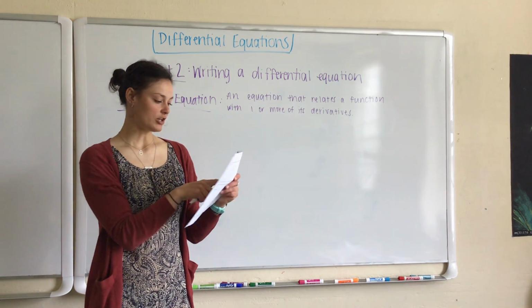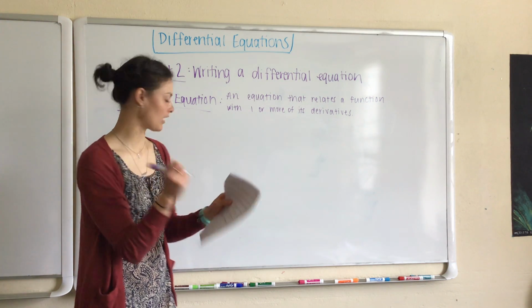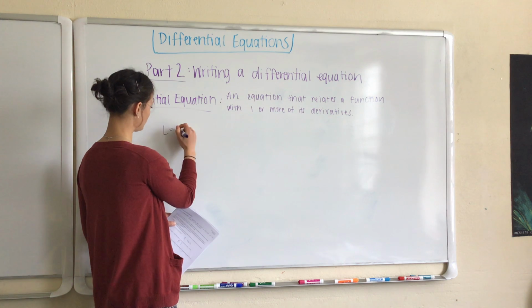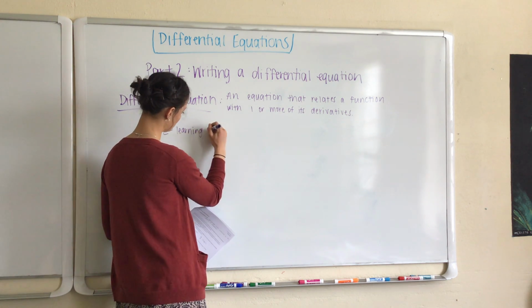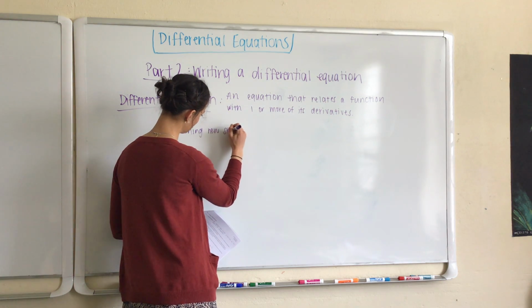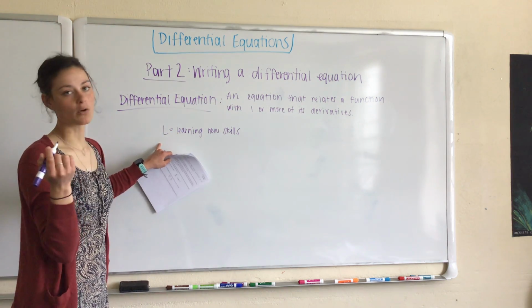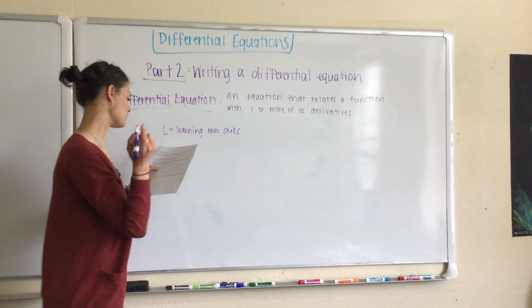So the learning rate for new skills is proportional. Learning new skills is going to be L. L equals learning new skills. You can make that whatever you want. L makes sense to me because L is learning, but you can use any letter.